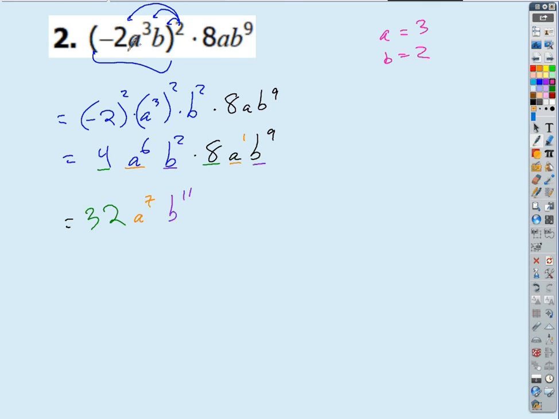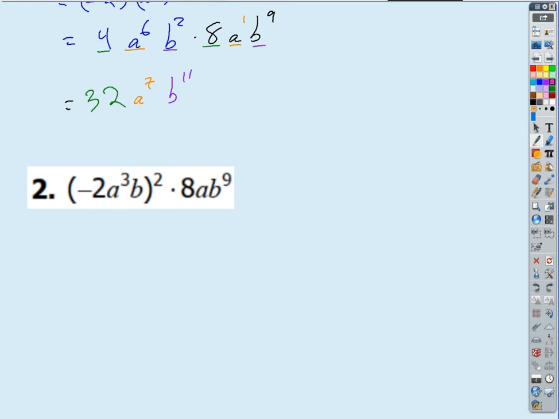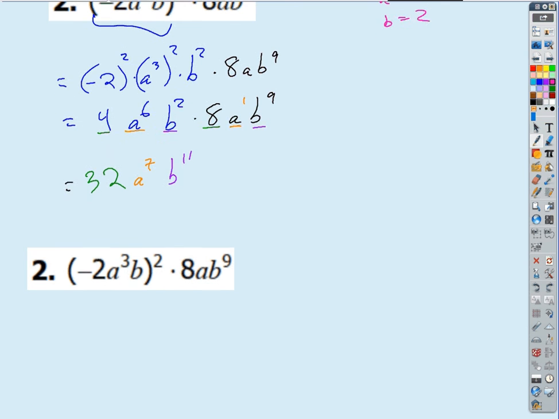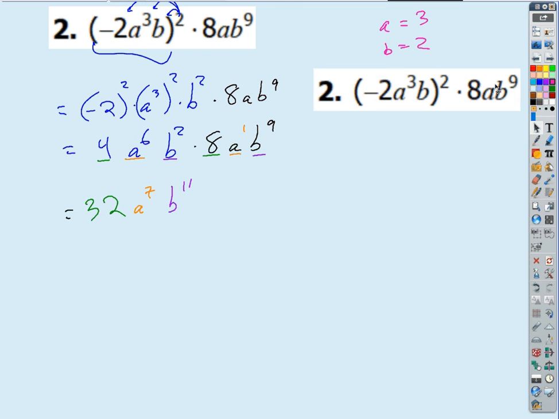So let's look at this guy up here. I just want to show you this good trick. If I plug in, what were those values again? 3 and 2. So if I plug in 3 for A, what's 3 cubed? 27.